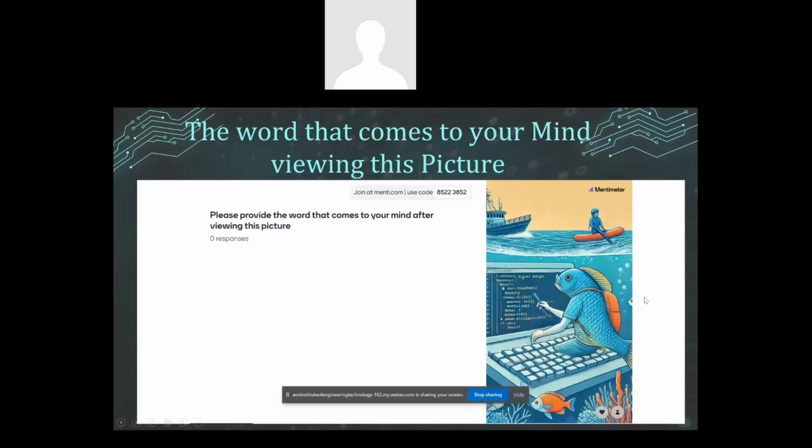What is the word coming to your mind? I hope everyone is able to see the screen on your phone or mobile. Yeah, the screen is visible. It's anonymous, so don't worry. Whatever you feel, there's nothing wrong about it. So you can just type.